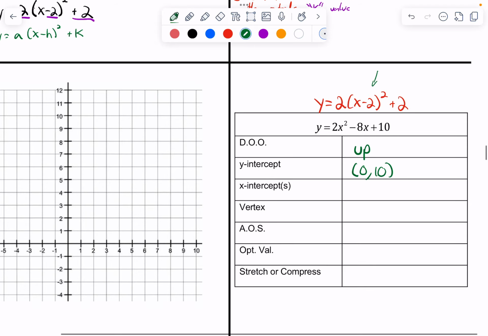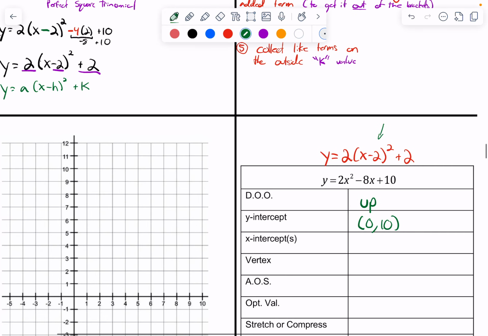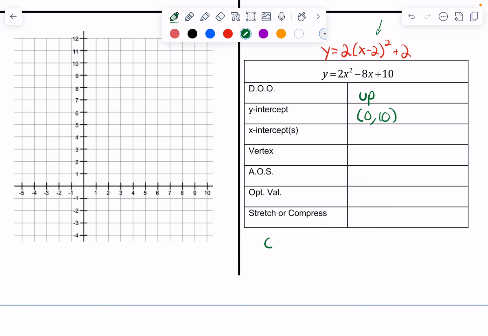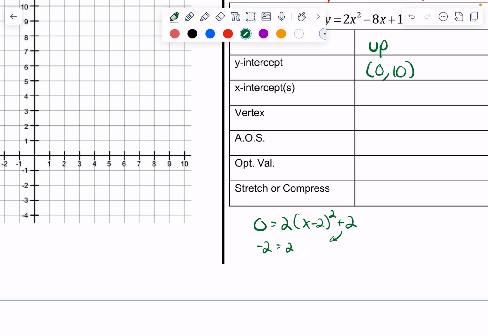The x-intercepts. All right, well, in this case, what is the x-intercept? Well, we have to factor this. All right, so let's do our math over here. So 0 is 2 times x minus 2 squared plus 2. So I just set the y to 0. All right, so bring the positive 2 over, so negative 2 equals 2 times x minus 2 squared.